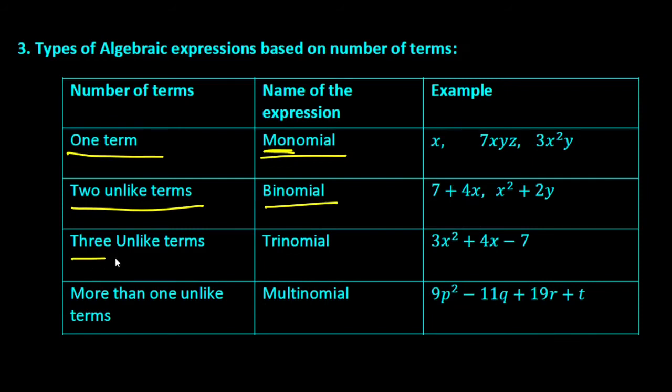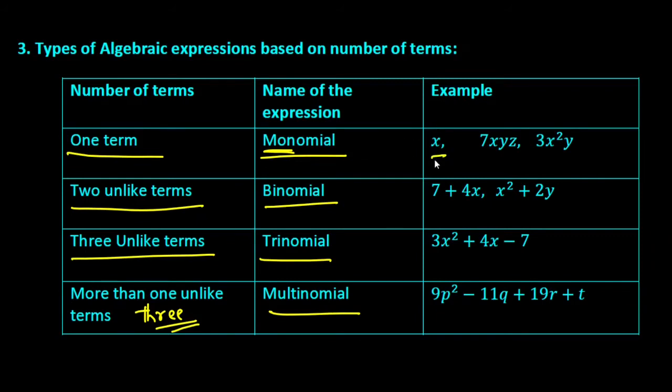If there are three unlike terms, it is called a trinomial. And after three terms, there is no special name. We call it multinomial. If there are more than three unlike terms, we use multinomial.